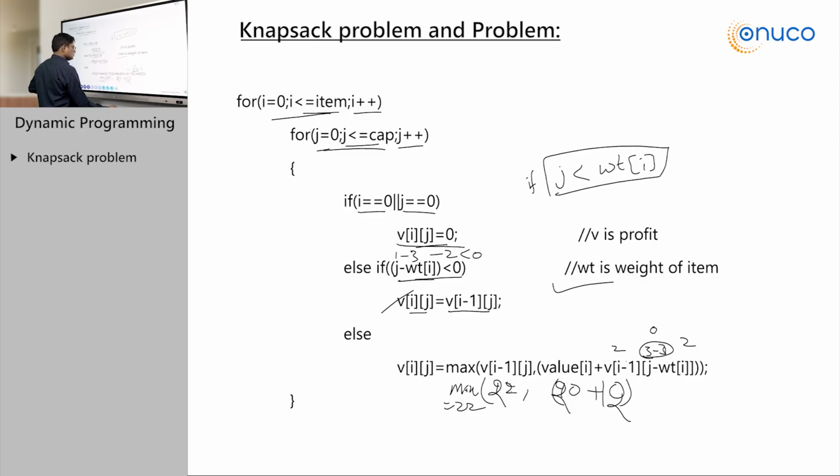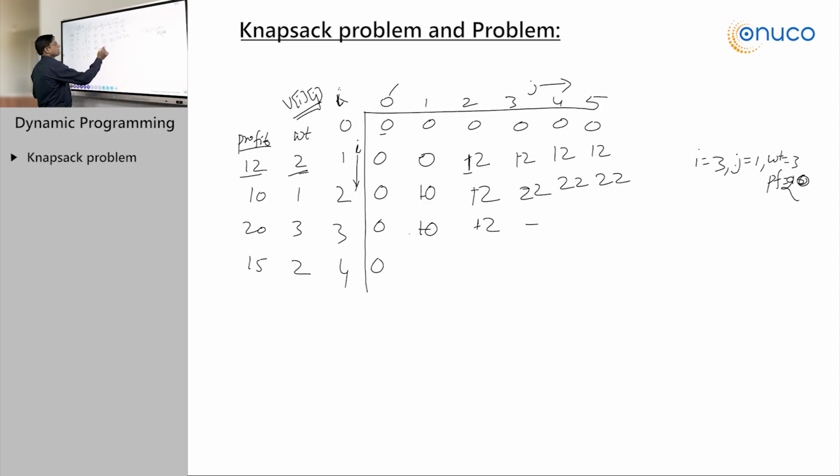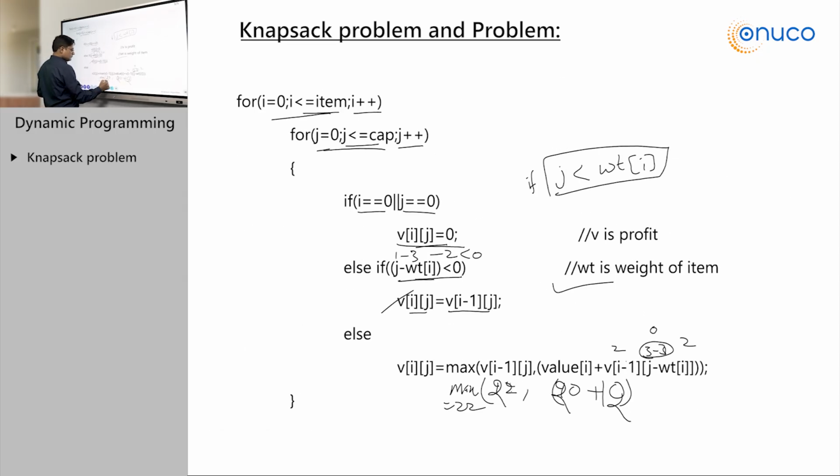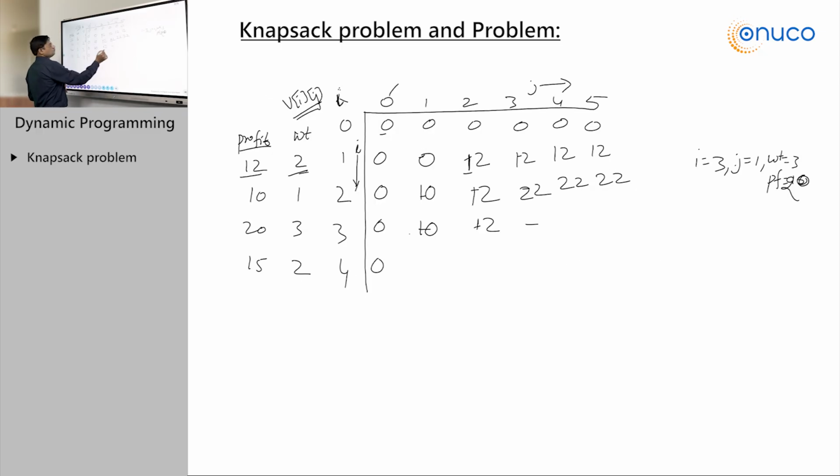So 2, 0 is 0. So which is greater? We are talking about 22, comma 20 plus 0. Which is greater? 22 is greater. So we are going to replace it by 22.